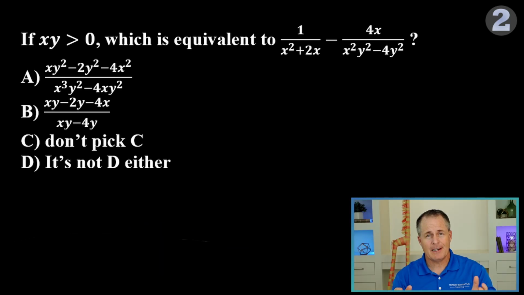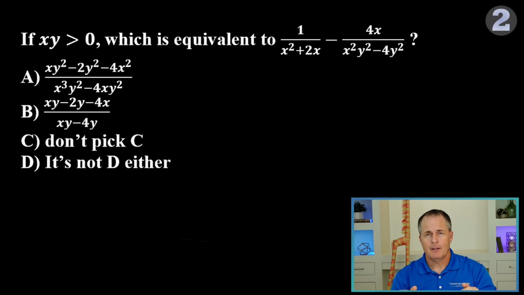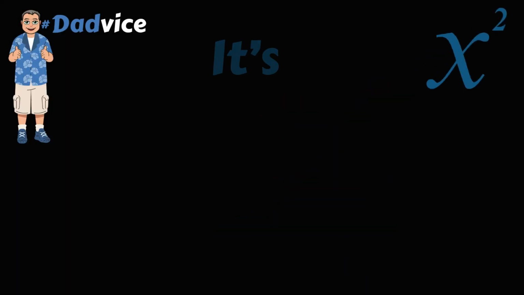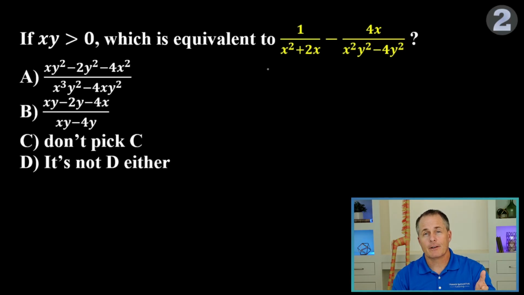Well, it's another fraction problem. Where do fraction problems start? Always in the bottom. You see the x squared in the bottom? When you see an x squared, what should you think to yourself? It's another factoring problem. So, how do you factor the first denominator? Well, you can take out a greatest common factor of x.